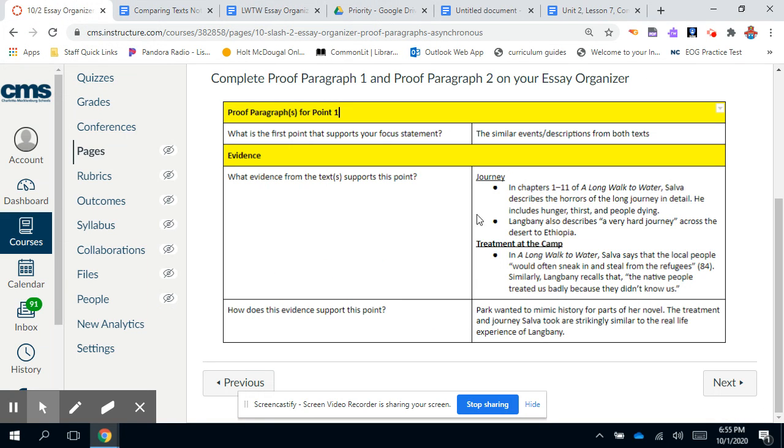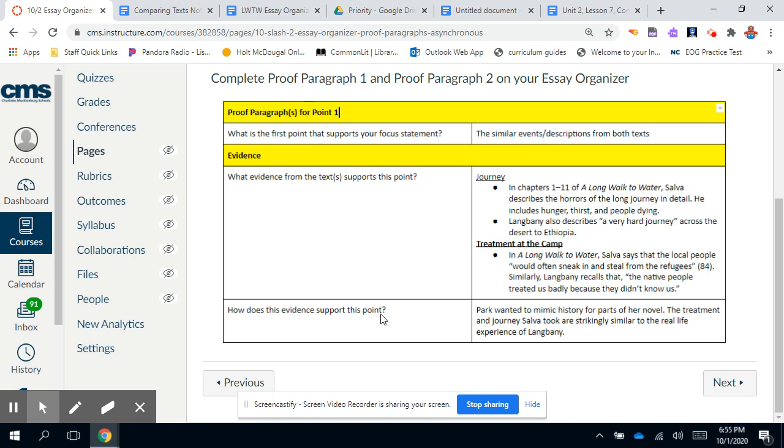So on your organizer, just like you see here, you'll want to think of 2 topics where it was different. And then underneath those topics, giving evidence to support it. The last thing on your essay organizer, how does this evidence support this point?